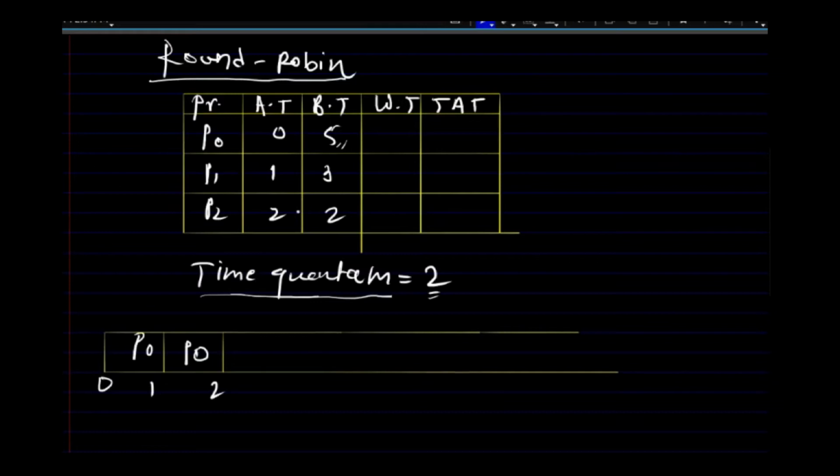Okay, the next process at time 1, P1 is arriving. So our timeline, let us name this as timeline. So timeline is now at 2.